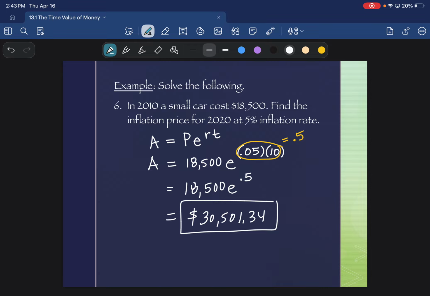So the approximate car price in 2010 was 18,500 compared to the equivalent car that you could purchase in 2020, which was 30,501. Okay. On a smaller note, since I mentioned the value menu at McDonald's, this is very similar.